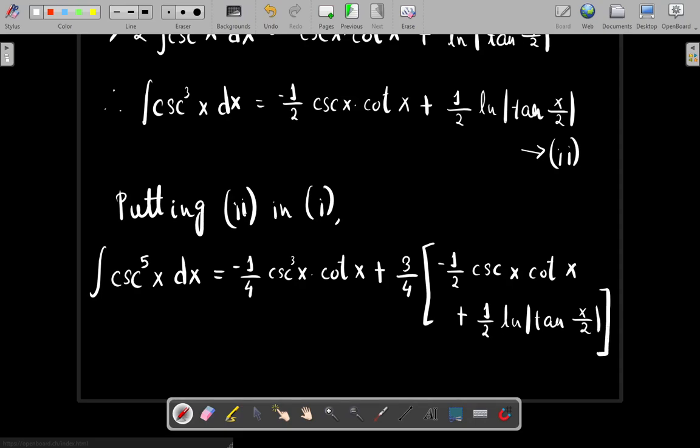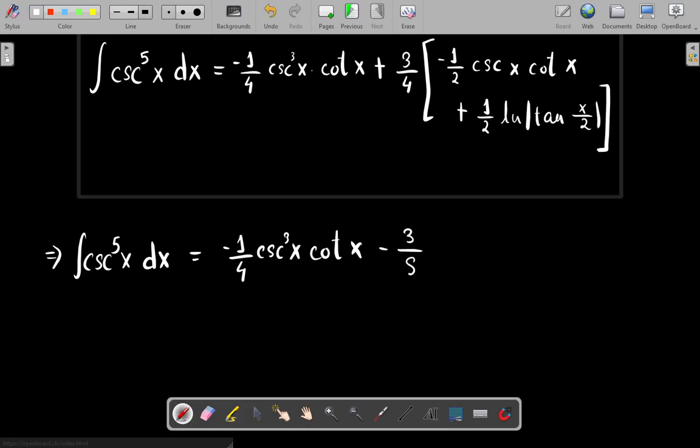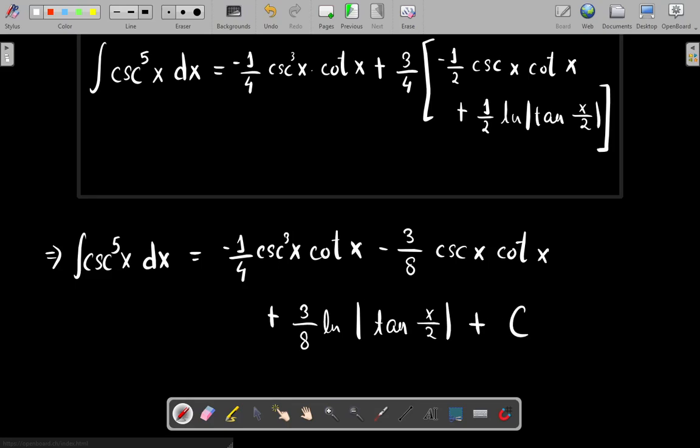Okay, so this one further simplification gives us integration of cosec to the power 5 x dx is equal to minus 1 by 4 cosec cube x cot x minus 3 by 8 cosec x cot x plus 3 by 8 ln mod of tan x by 2 plus a constant of integration which is c.